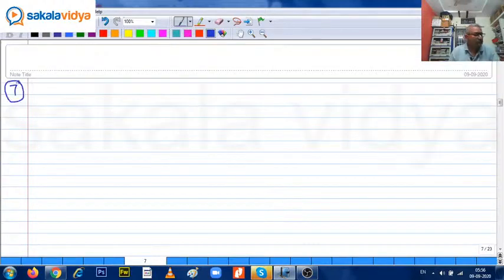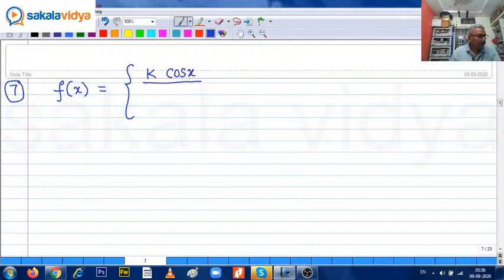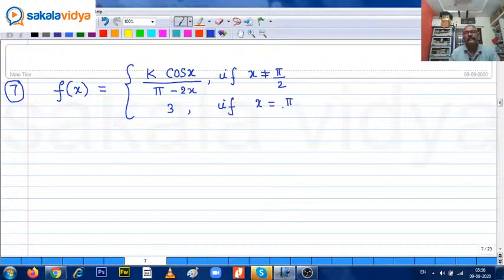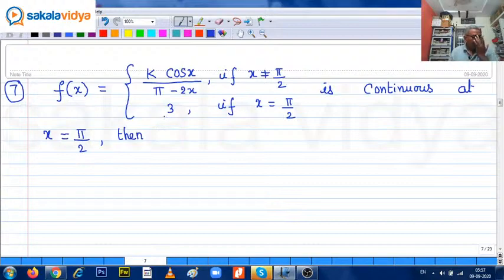Seventh question. f of x equals to k times cos x upon pi minus 2x if x does not equal to pi by 2, and 3 if x is equal to pi by 2, is continuous at x is equal to pi by 2, then k equals to.